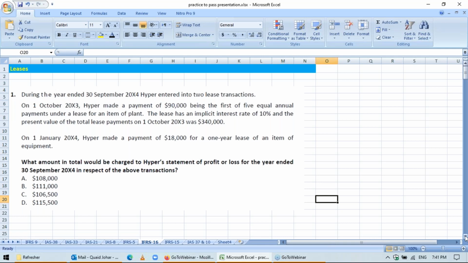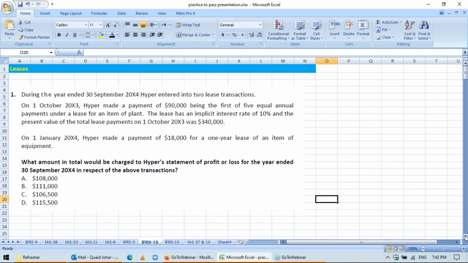Let me give you a brief. We'll be talking about simple leases and we'll be talking about sale and leaseback transactions. First, let's talk about the leases. What the accounting standard says about leases is that you have to record an asset plus a liability related to a long-term lease, when the duration of the lease is more than 1 year.